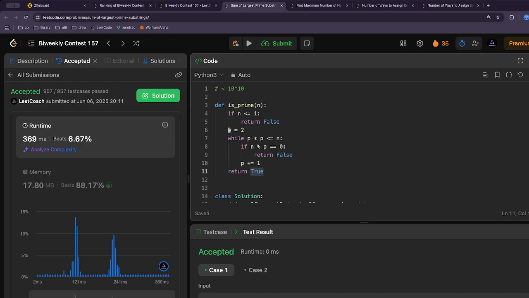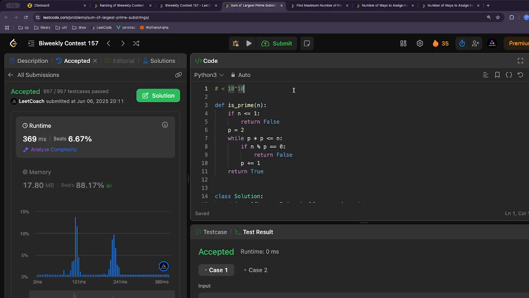I even call this variable p because we only need to test division by primes. Because if there's a composite number that divides the number, then it is composed of primes, so you will also have primes that divide the number, right?